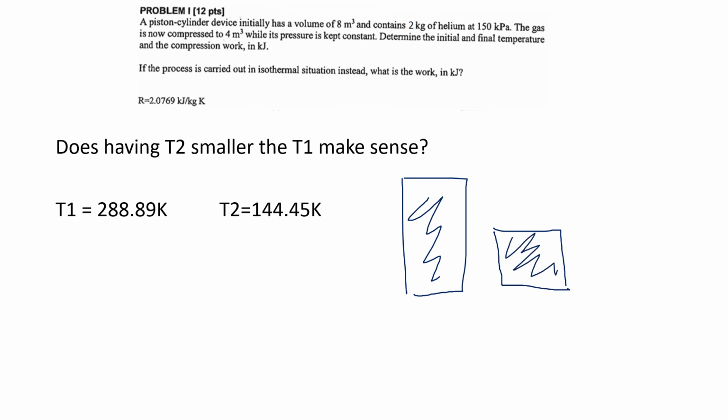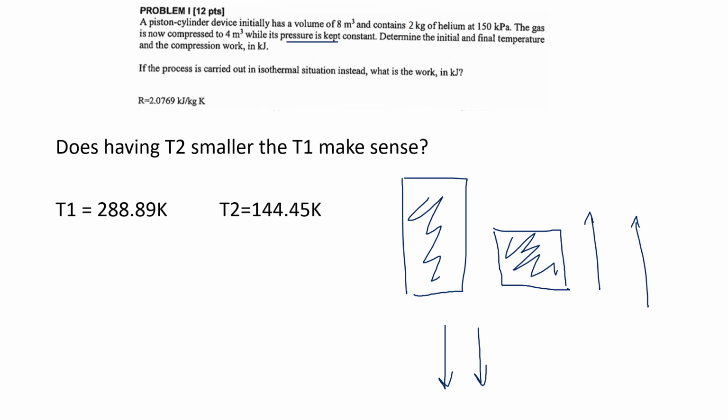In a normal everyday situation, the gas would be at much higher pressure and a higher temperature. So the only way to get a smaller volume with the same amount of gas is to lower the temperature and the pressure by cooling it down.